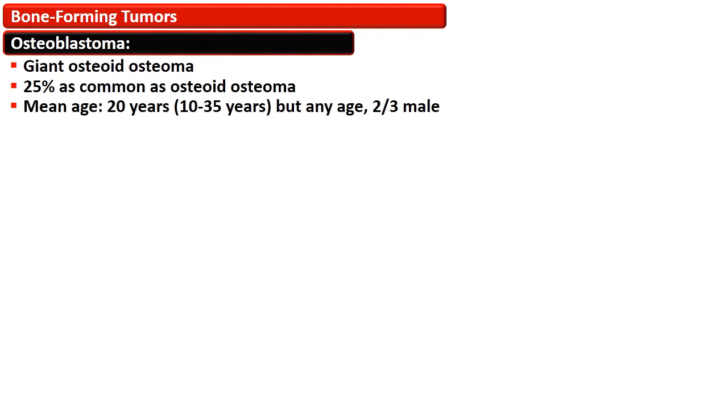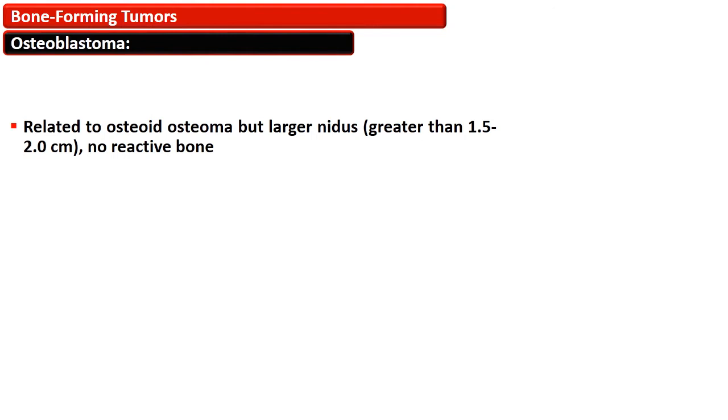The osteoblastoma is also a bone-forming tumor, and it is also termed giant osteoid osteoma. These are rarer than the osteoid osteoma and about 25% as common as osteoid osteoma. The mean age for the osteoblastoma is 20 years, and the age range is 10 to 35 years, though it can affect the patient at any age. 2/3 of the cases are male.